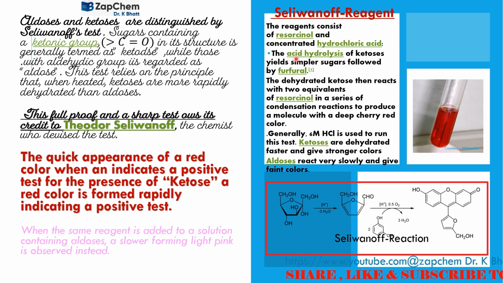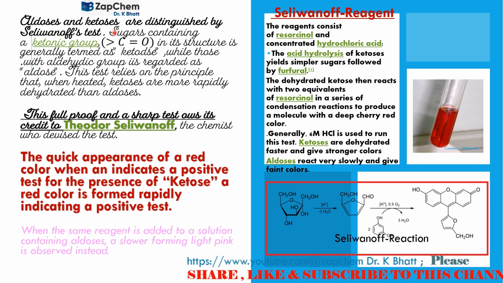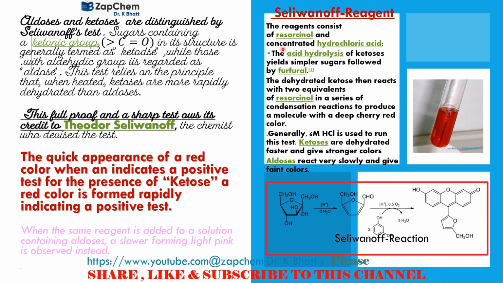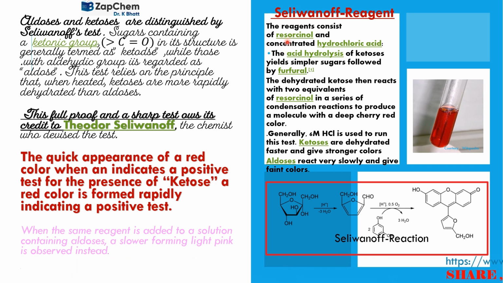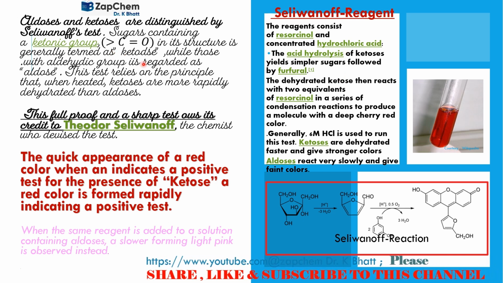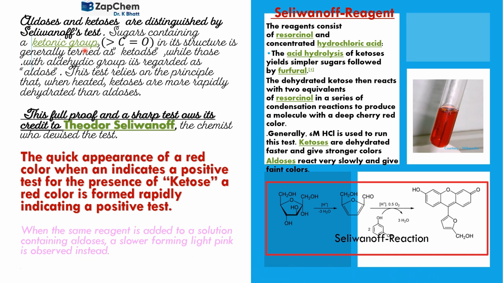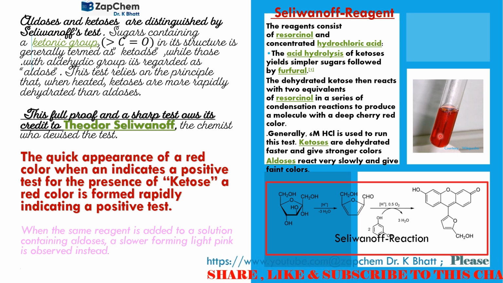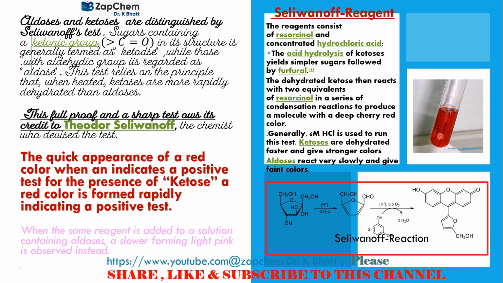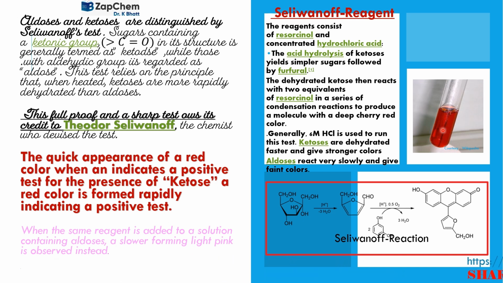When aldoses and ketoses are to be distinguished, what we do is, when a solution of the sugar is mixed with this reagent, we get a deep red color like this. And this color represents the presence of ketoses. And it is a very quick test.